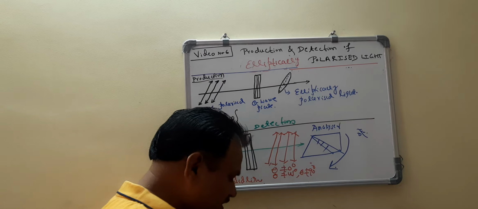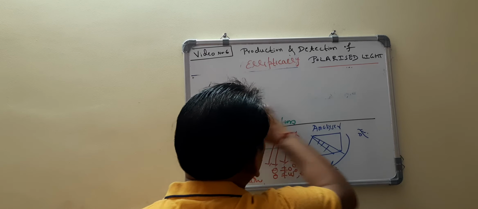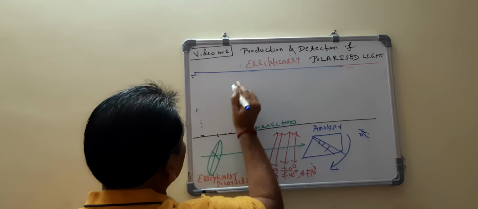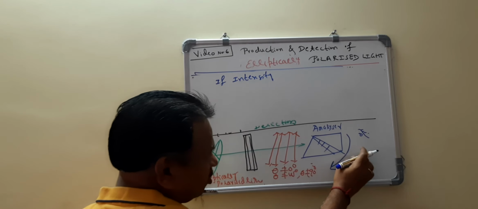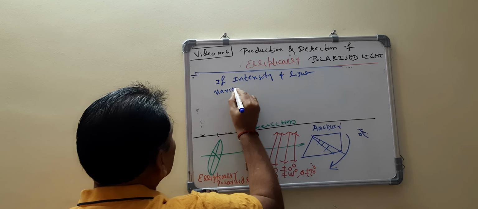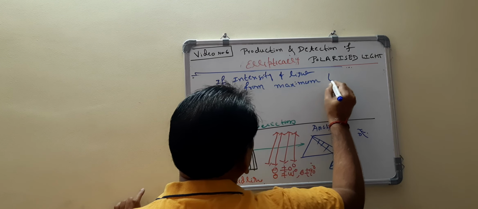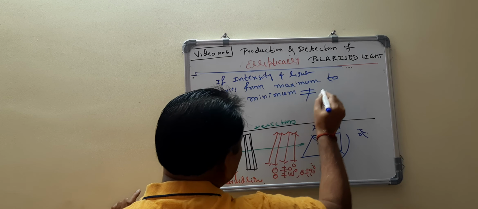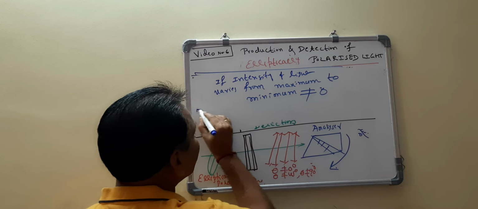Here, your observation should be such that the intensity of the light varies from maximum to minimum, which is not equal to 0.